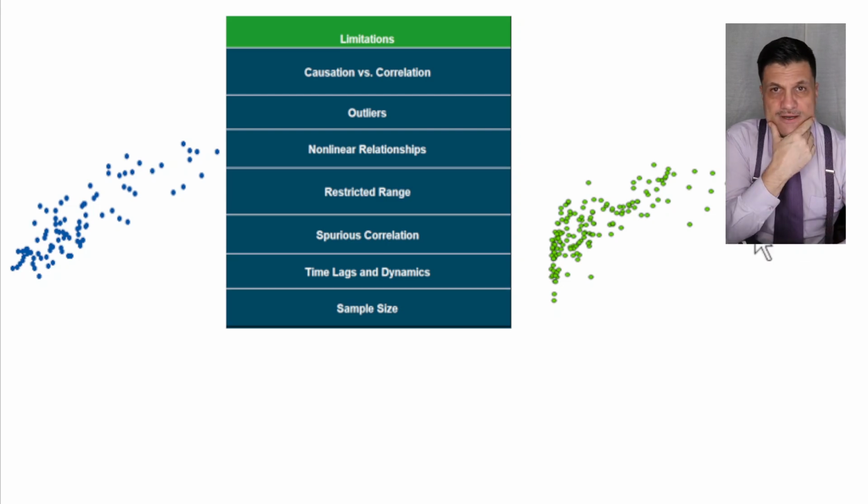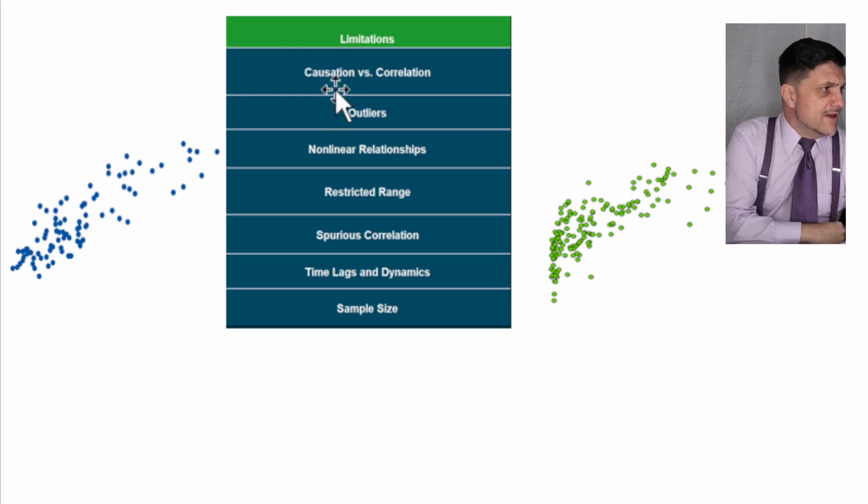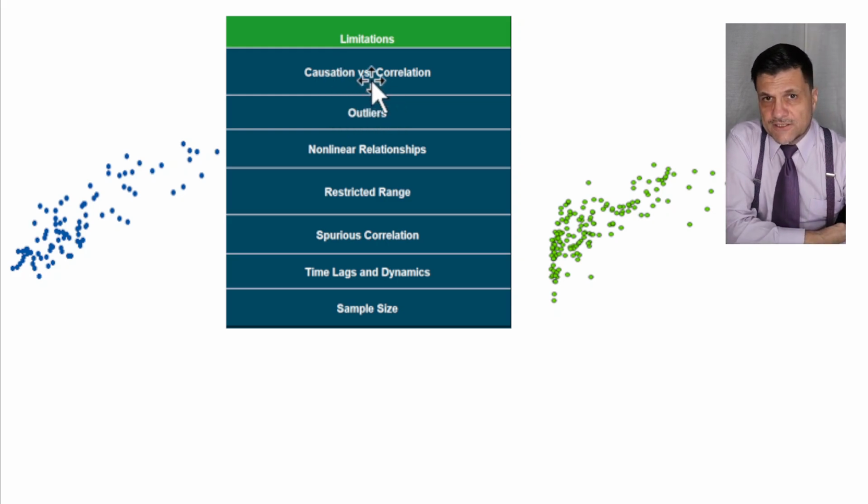Same deal here. For correlation to be meaningful, it cannot have those types of limitations. One is that causation is not correlation. If every day that it's raining the stock market goes down, it doesn't mean that because it's raining the stock market is going down. Outliers are a problem, the unexpected large or very small numbers.